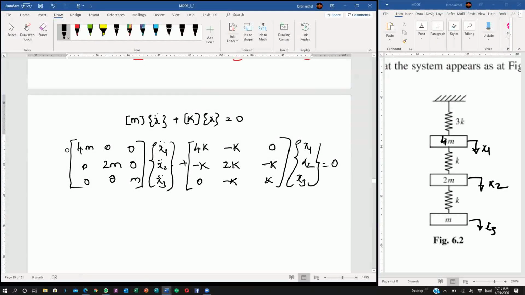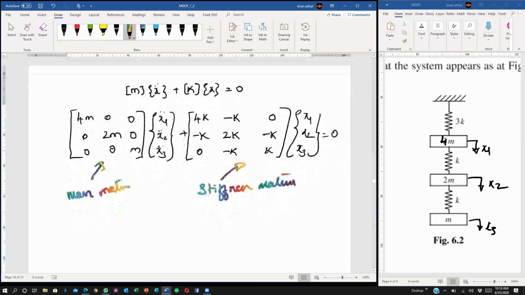So if I check it out, this is called the mass matrix, right? And this one is called the stiffness matrix.